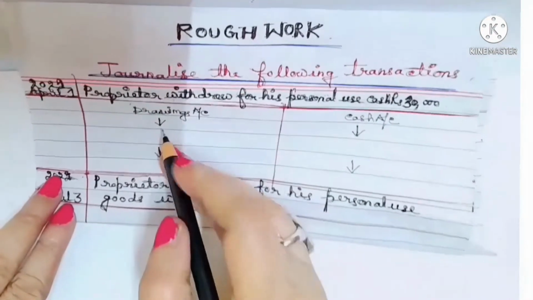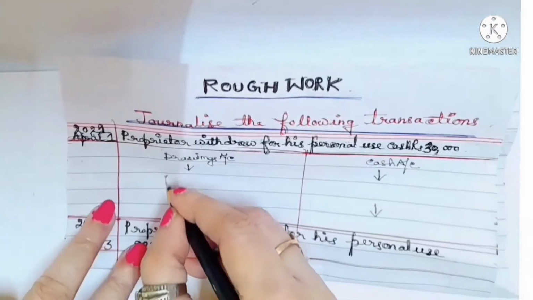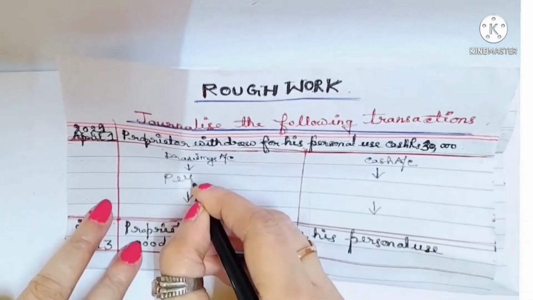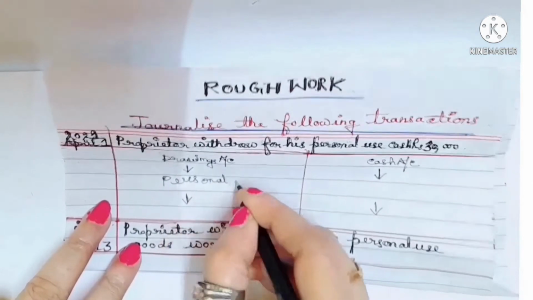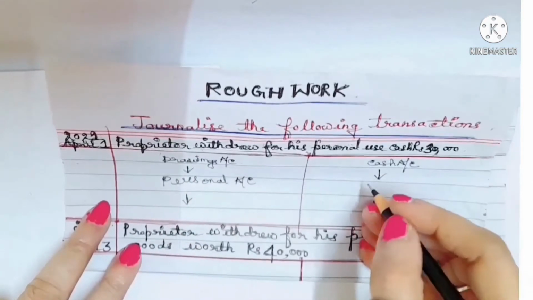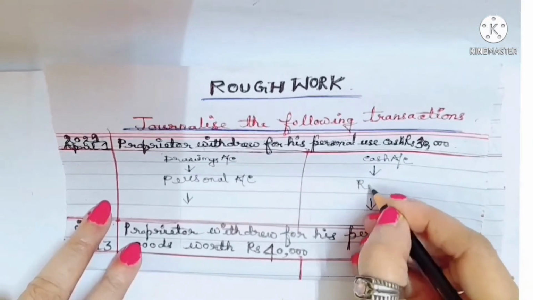Drawings always falls under personal account, and as you all know, cash falls under real account.